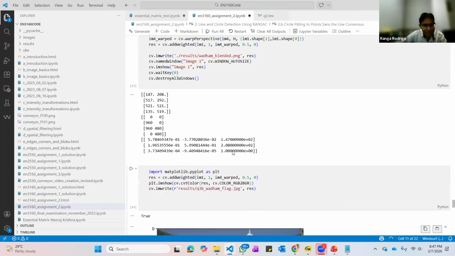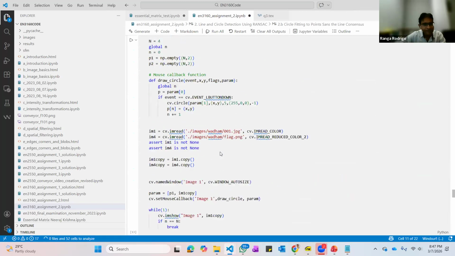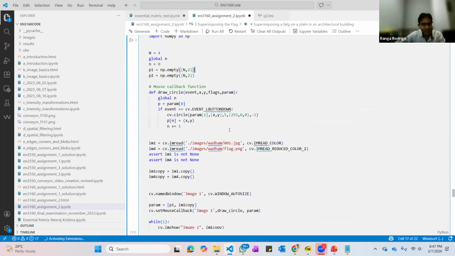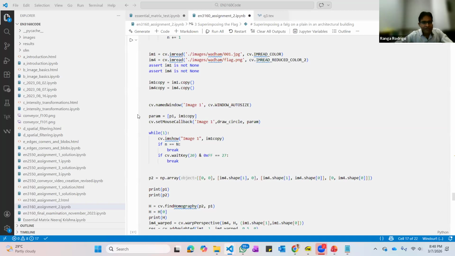So here is an example. You can see I'm superimposing the British flag on this building, on the four corners. So I will show how I did that. First of all, I have to get these images open in a new location.